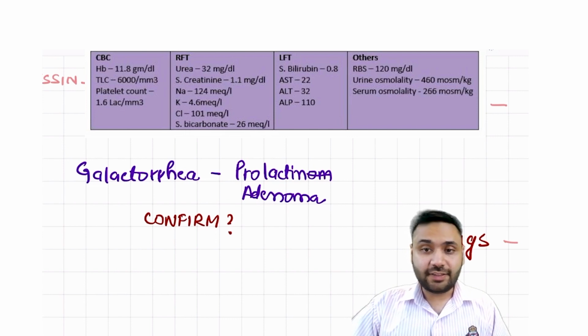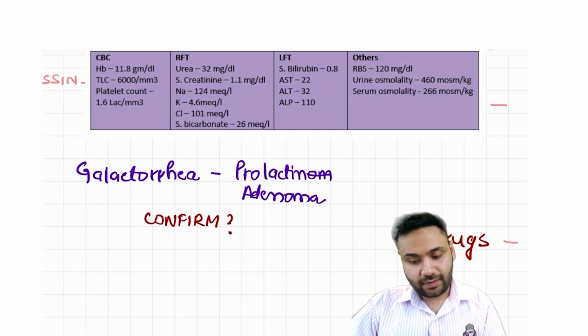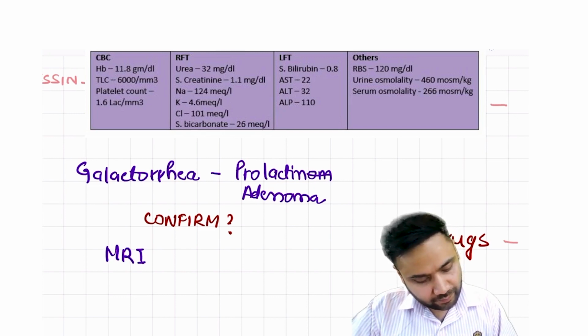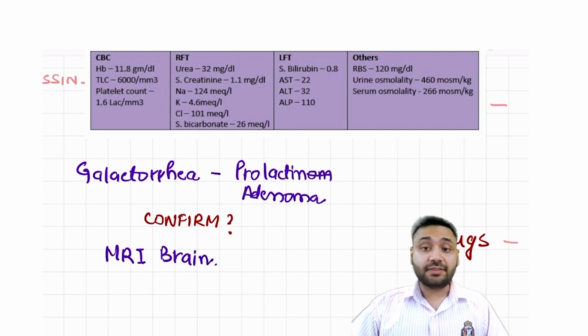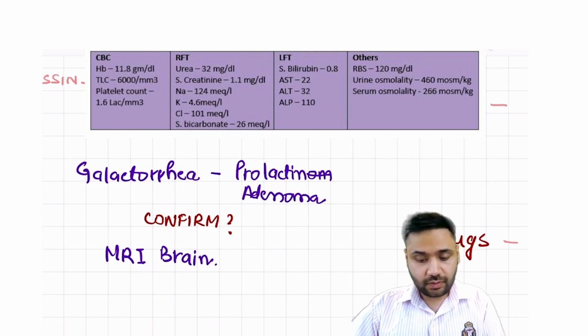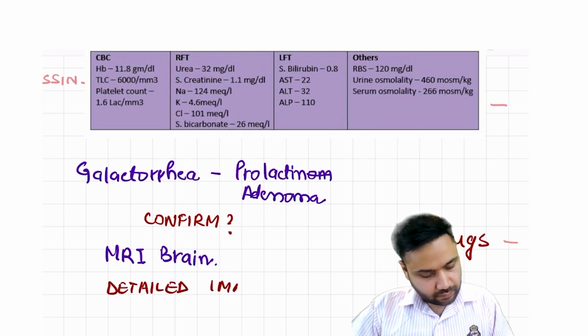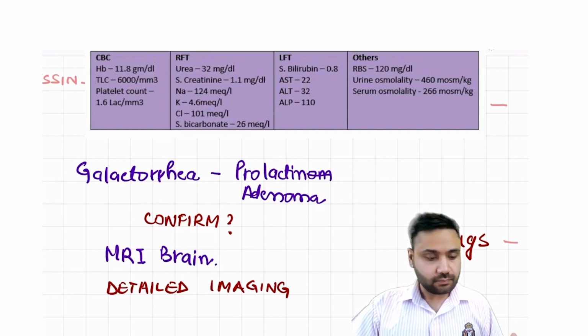So the investigation of choice for prolactin adenoma is MRI brain. And it is better than CT because it gives detailed imaging, while CT may not be able to do so.